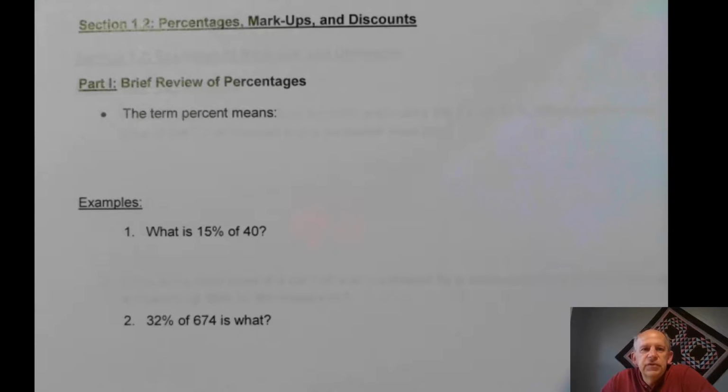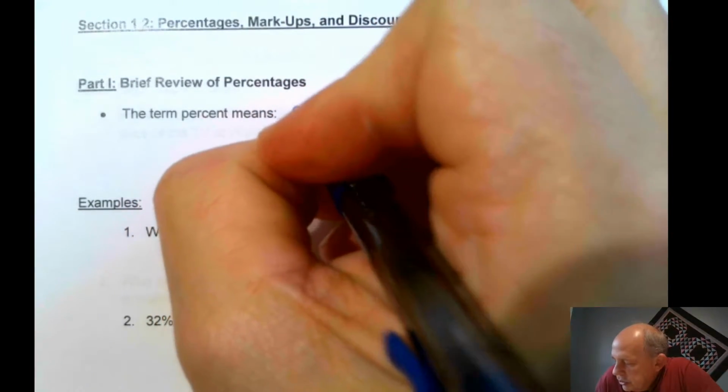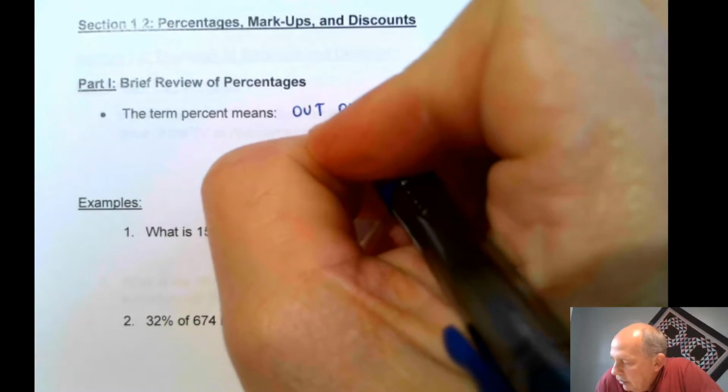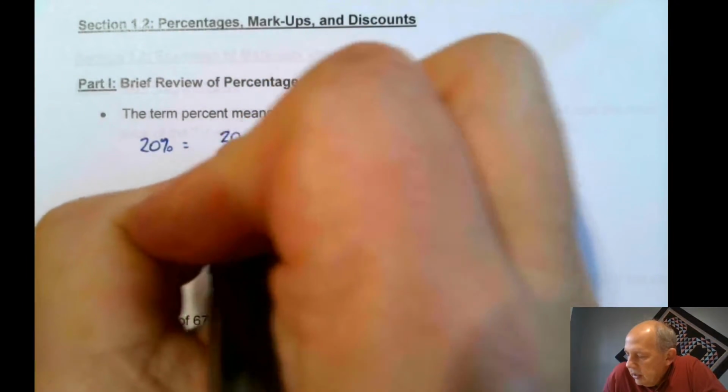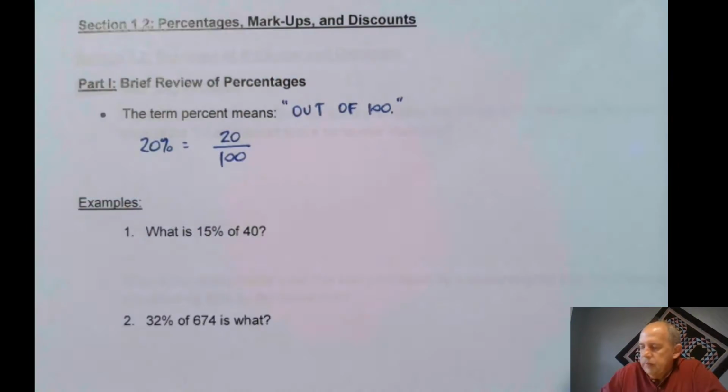So the purpose of this video is to take a look at percentages, markups, and discounts with a quick review of percentages. What percentages means is out of 100. In other words, if you see 20%, that means 20 out of 100.